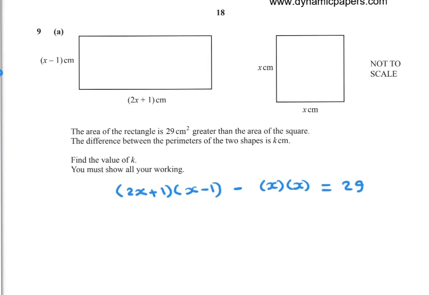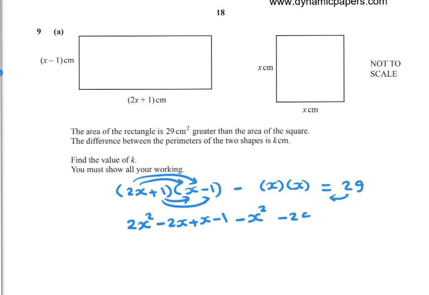Now we can expand. We need to find x. 2x times x equals 2x squared. 2x times negative 1, negative 2x. 1 times x equals x. 1 times negative 1 is negative 1. Minus x times x, which is x squared. And transpose 29 to the other side by negative, so this equals 0.